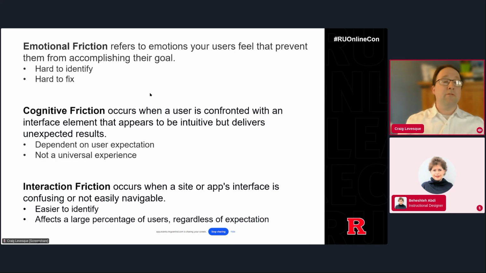So there are three kinds of friction: emotional, cognitive, and interaction. Emotional friction is the hardest to get your head around because it is not universal, and it's very hard to identify and even harder to fix. A classic example of emotional friction is somebody coming across something that doesn't work well and rage quitting a website.